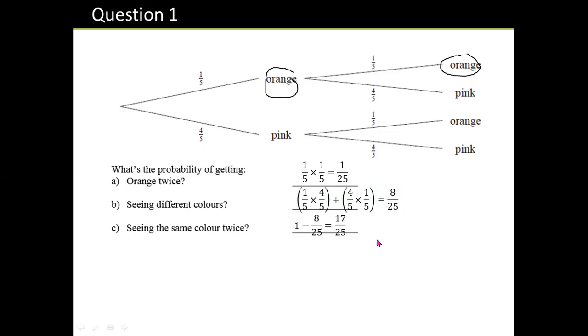So the chance there is 17/25. Take note, 1 there would mean 25/25, because that is all the possible chances, or 1 minus 8/25. So you get 17/25.